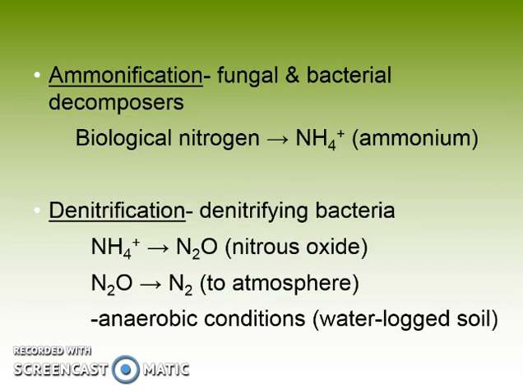The next step is ammonification. This occurs through decomposition. So your protein, your biological nitrogen, is converted by bacteria and fungus back into ammonium. And then at that point, that ammonium can either go back through nitrification and become nitrate again for plants to be used, or in the case if there is anaerobic conditions like waterlogged soil, that ammonium can go through denitrification by denitrifying bacteria.